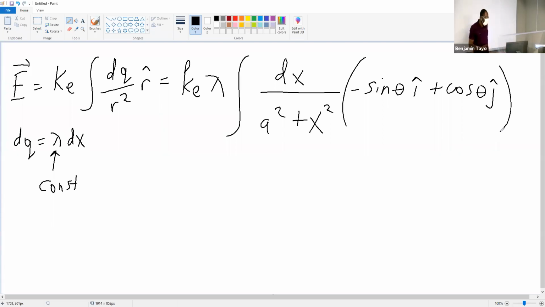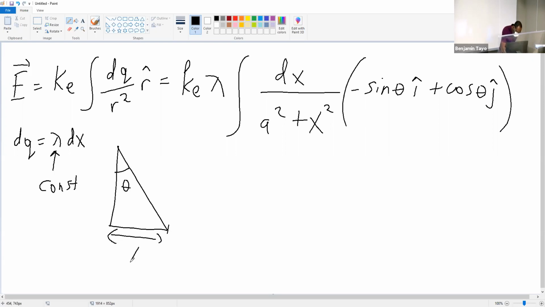All right. Then let me go back and draw just part of this triangle here. So this was x, and this is a. So let's calculate sine of theta. So what is sine of theta? From this triangle, it's x over r.